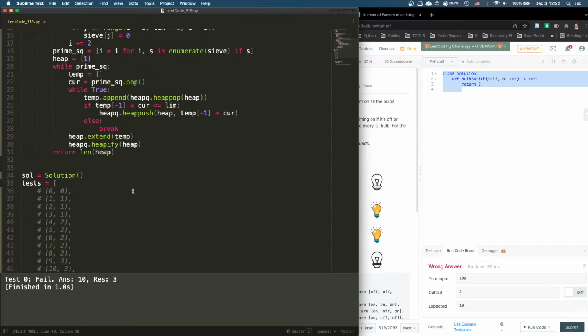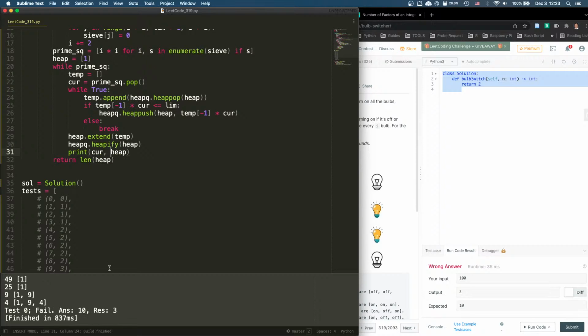Let's go one by one. So what's wrong? Okay. How about, let's do at the end. We'll just print heap at the end. And of course we'll have current. Current is 49.